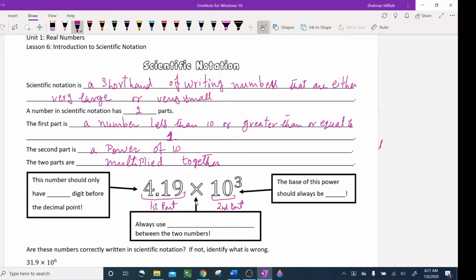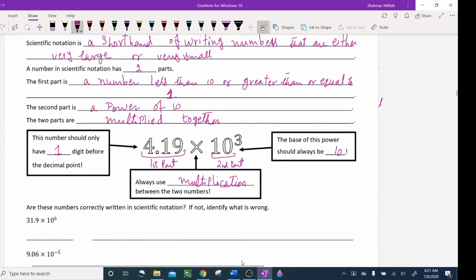Now they multiply together, that's for sure. This number should only have one digit before the decimal, always. The base of this power should always be 10. Always use multiplication between the two numbers. So if you know all these three different steps, then you are good.